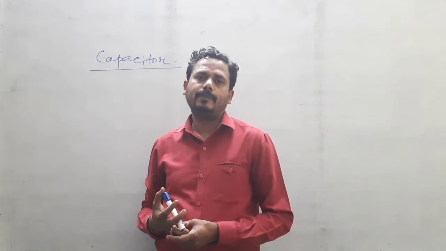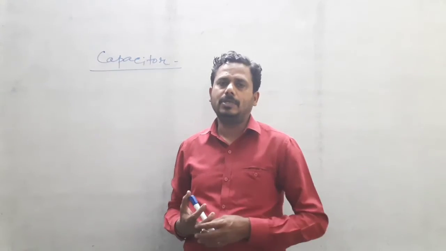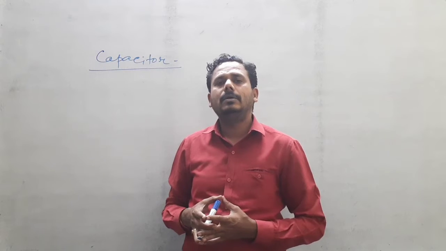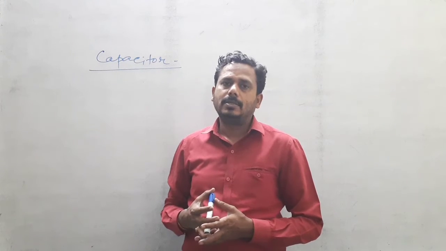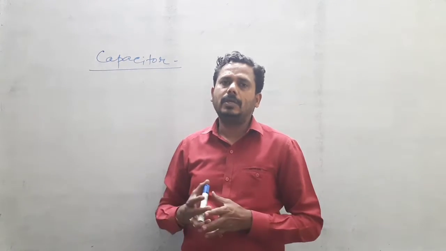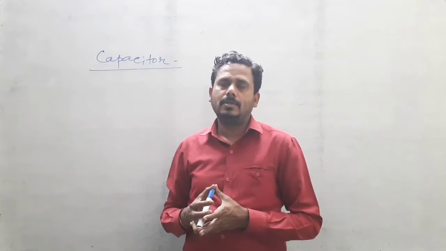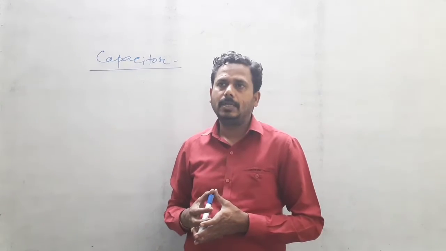Why is it zero? Because one conductor carries positive charge and the same amount of negative charge is carried on the second conductor. And as we discussed, these two conductors are separated by some distance. Suppose the distance is d.